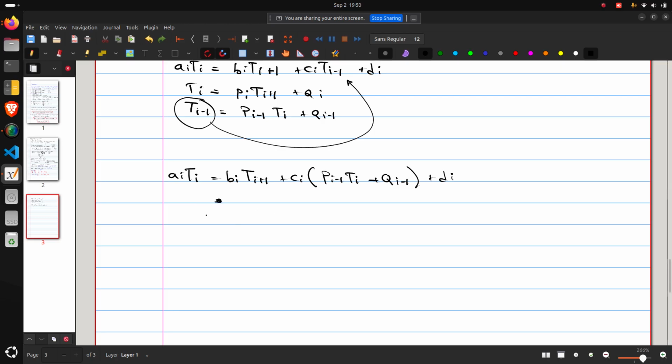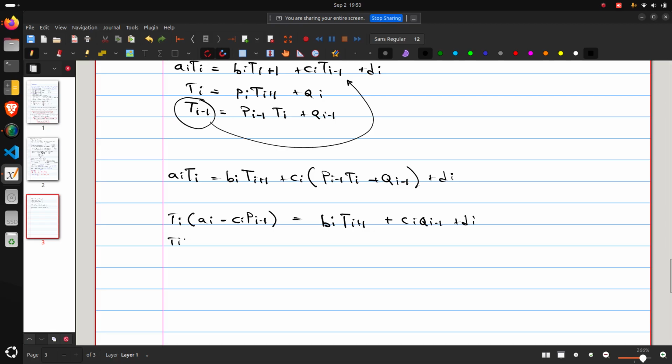We'll take the Ti here, so we'll have Ti = (Ai - CiPi-1) on the left, then BiTi+1 plus this will be CiQi-1 + Di, right?